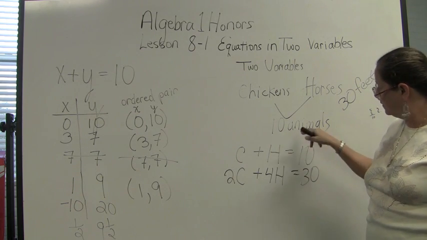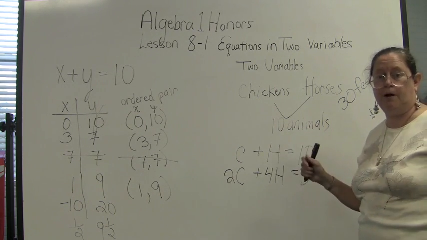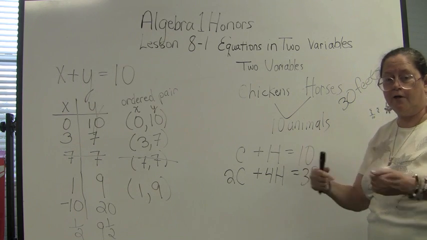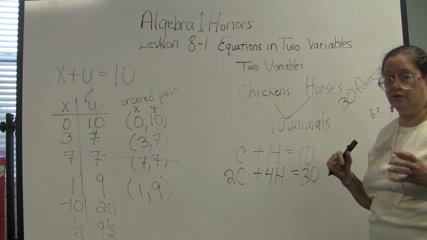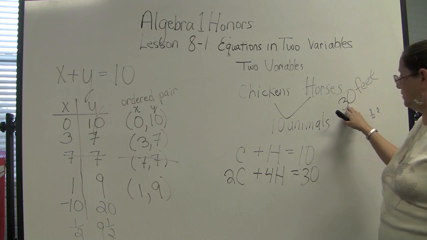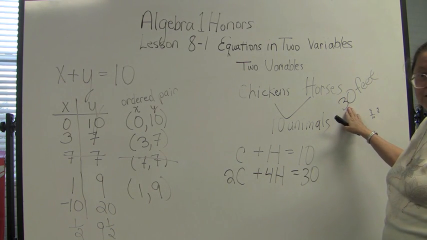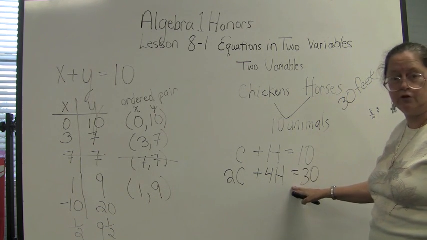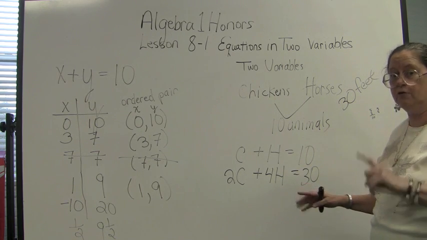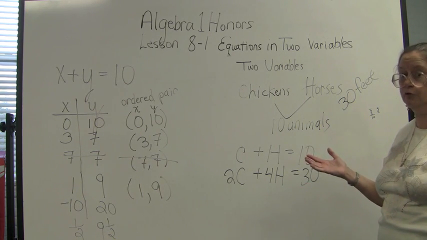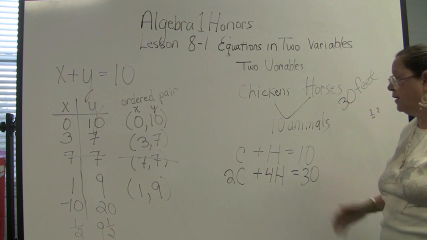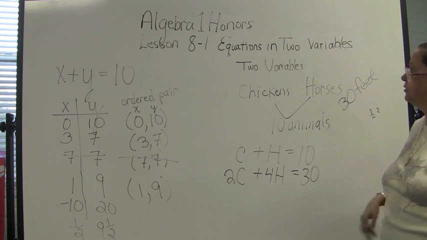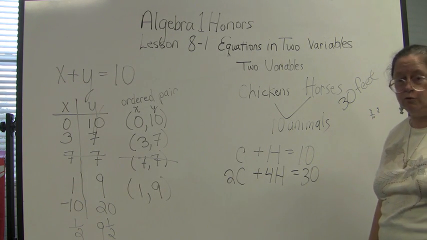If you only have that there are 10 animals, there are lots of different possibilities. But if you add another constraint, not only are there 10 animals, but there have to be exactly this many feet, so you add another equation, then there's only going to be one solution. Okay? And sometimes there might be no solution at all. All right? And that's what there is to equations in 2 variables.